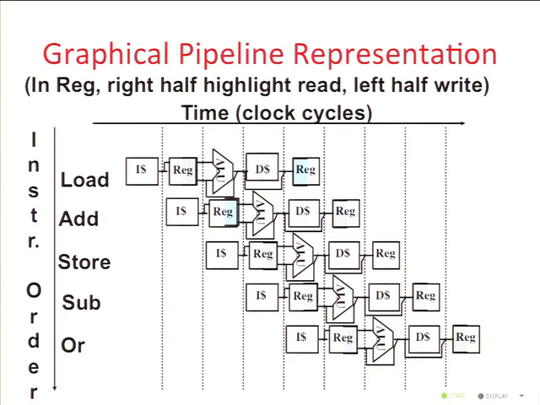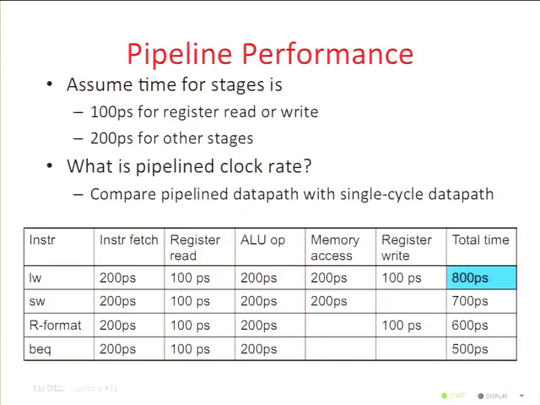All right. So last time we looked at this picture and we said, okay, if we were doing what we were doing originally, the single cycle processor, there was no pipelining. So this is the cost of doing a load. This is the cost of doing a store. This is the cost of doing an R format instruction, and so on.